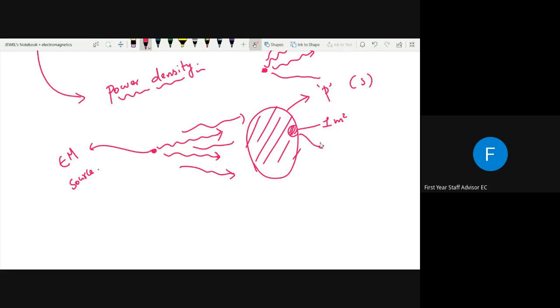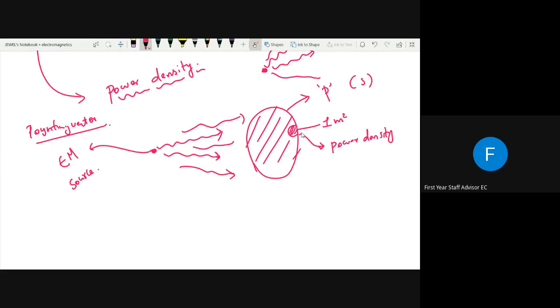It is called power density. ഒരു യൂണിറ്റ് ഏരിയയിൽ കൂടി എത്ര പവർ പാസ് ചെയ്യുന്നുണ്ട്, അല്ലെങ്കിൽ ഒരു ഇൻസ്റ്റന്റിൽ എത്ര എനർജി പാസ് ചെയ്യുന്നുണ്ട്, that quantity is called power density. So actually the magnitude of our Poynting vector represents the power density.